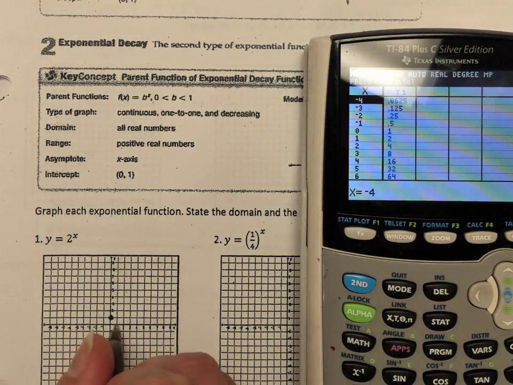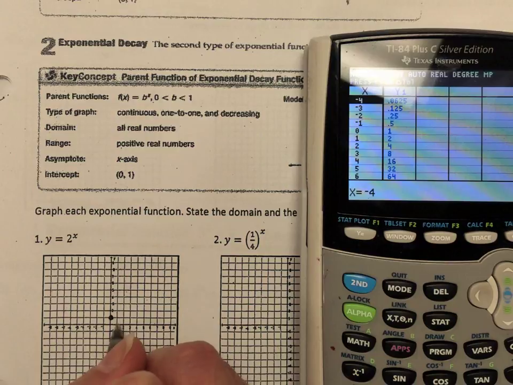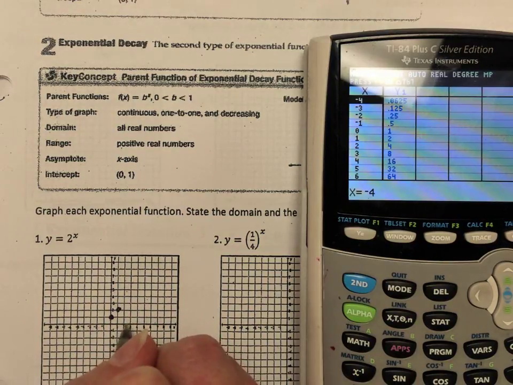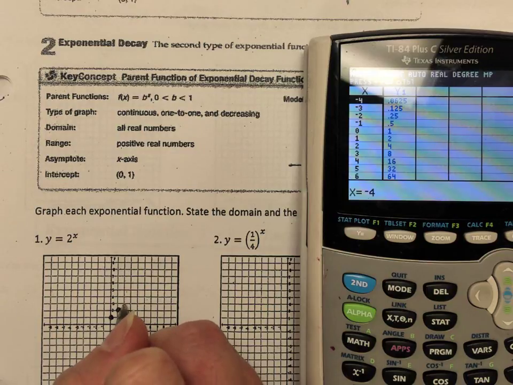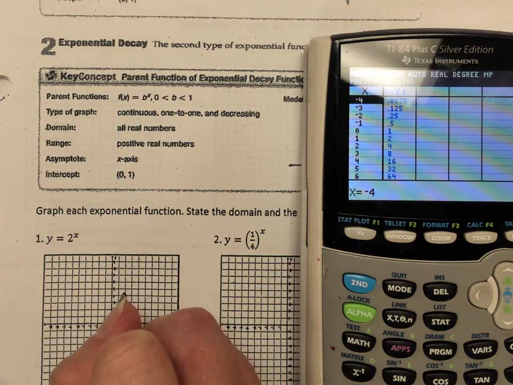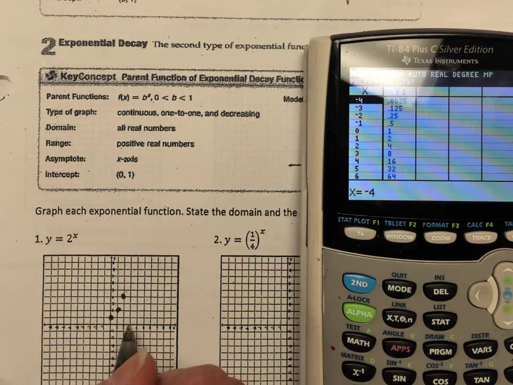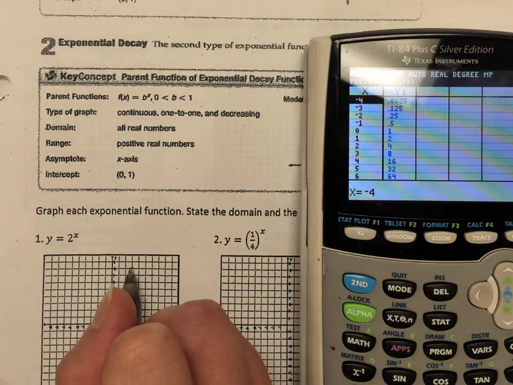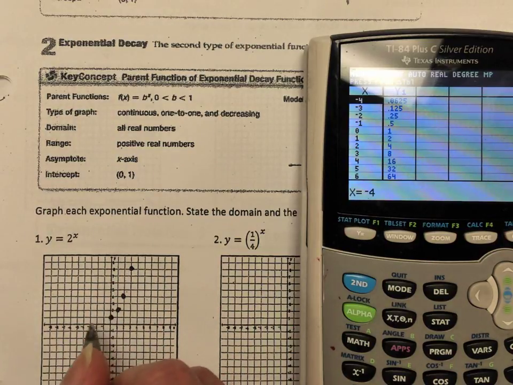What else do we have? 1 and 2. 2 and 4. What else do we have? We have 3 and 8. And then the rest of them are too big, right?